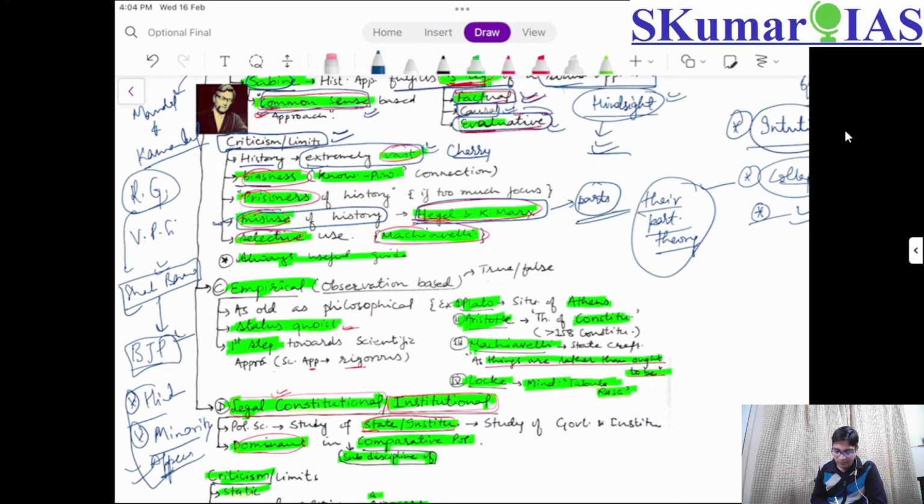Then there is always the fear of bias, because there is a knowledge-power connection, and you can give an example from Part 1B of the political science paper. There is the Dalit perspective of the Indian freedom movement. There is the subaltern perspective. So it is the same Indian freedom movement, but there are different versions of history. The Dalit perspective looks completely different from the Gandhian view.